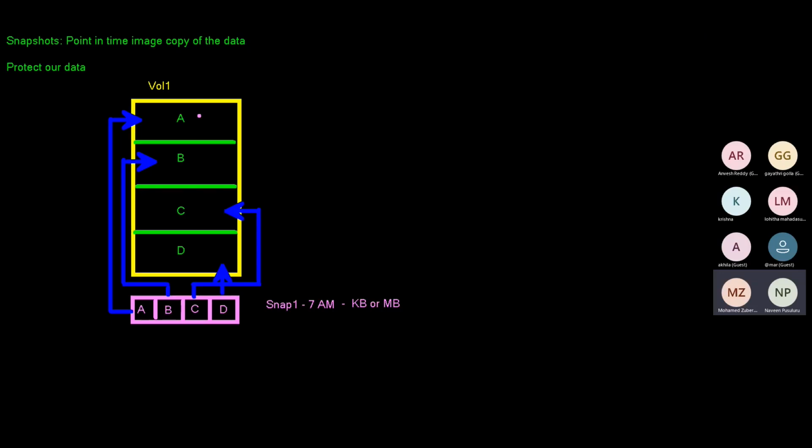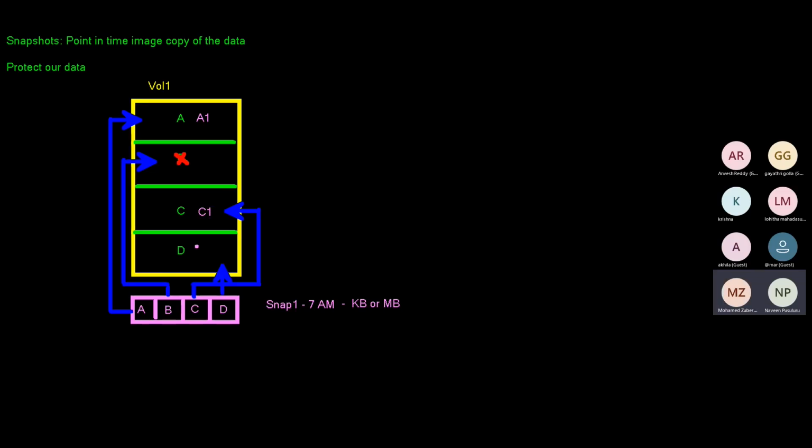Okay, so after the snapshot creation, I modified some data. For example, I have modified A, now it became A1, and I have deleted B, and I modified C as well. I made C as C1 and D is unchanged.